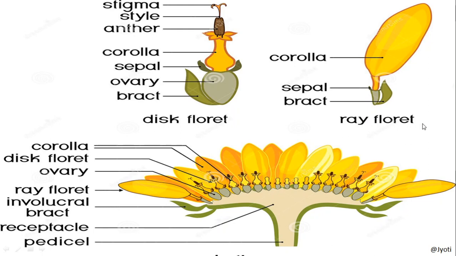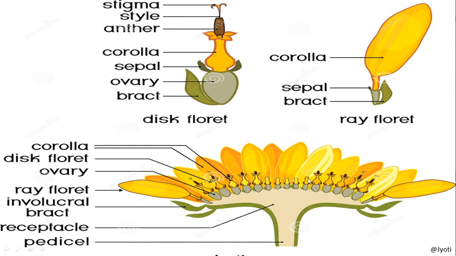This is the picture of a ray floret, which has an exposed corolla. But in the disc floret the corolla is a very small tubular structure, and these flowers are usually small and confined to the central disc-shaped area. So they are known as disc floret. The flowers at the periphery develop like the rays of the sun.